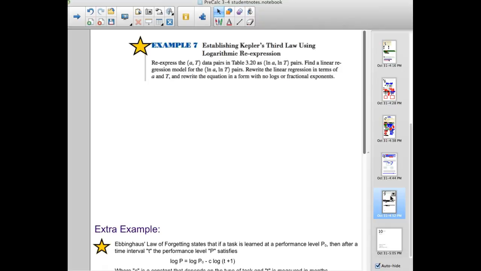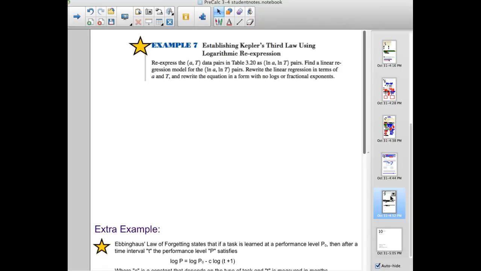It says to find a linear regression model. When we graphed the original data that was in our chart, our list 1 and 2, it had a curve to it, yes? It looked more like an exponential growth kind of situation. If we graph list 3 and 4, it's going to be linear or close to it.